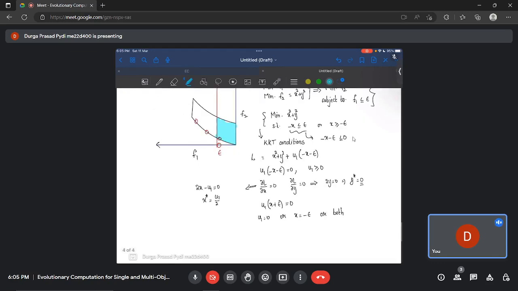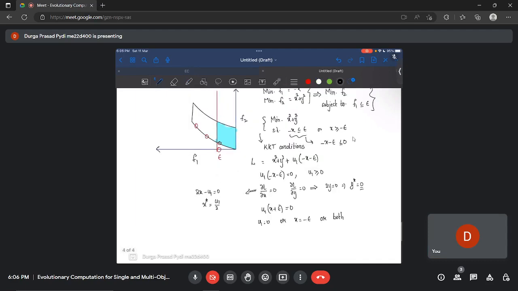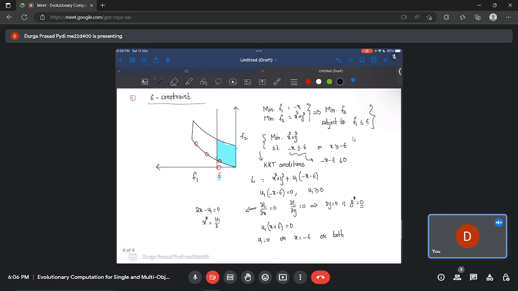So this line is at epsilon, x equal to minus epsilon, and that is the boundary for it.